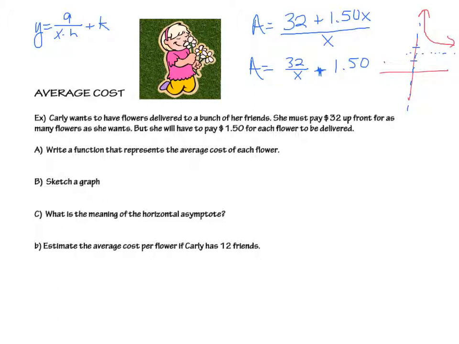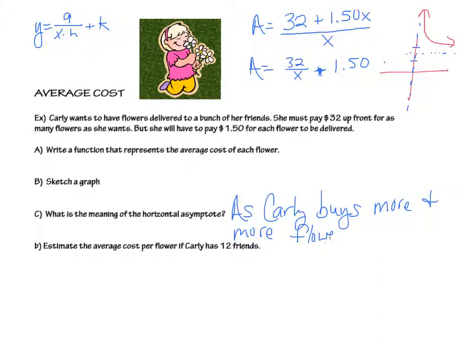So what is the meaning of the horizontal asymptote? Okay, so we want to write a nice sentence here, and this typically kind of starts off the same way. As Carly buys more and more flowers, the average cost of each flower approaches.